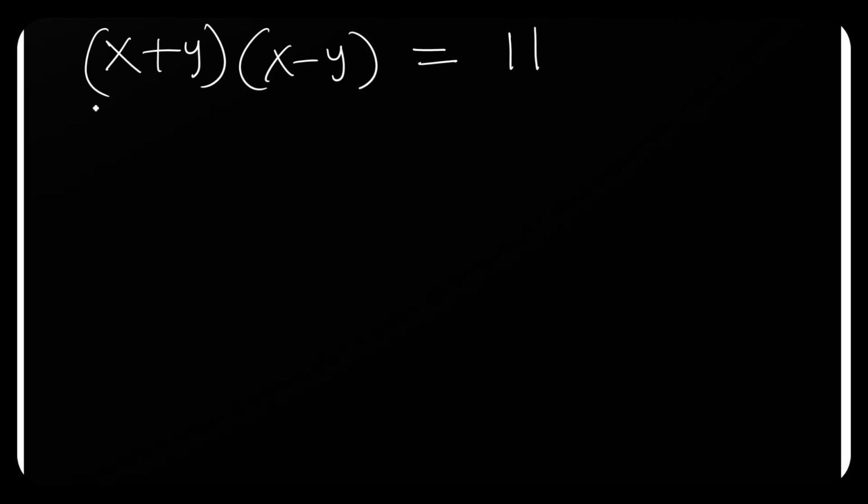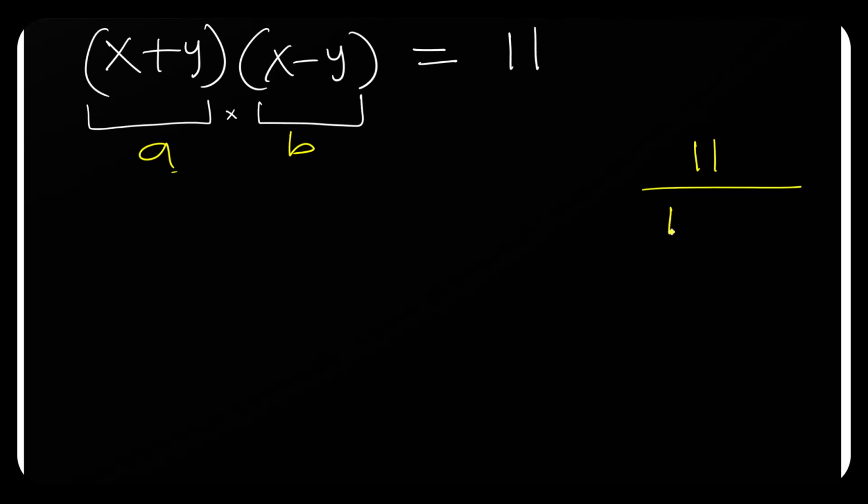Now, we have something times something, so we can say A times B equals that. So let's express the right hand side in the form of this, following the condition here. Now, 11 can be 1 times 11 or 11 times 1.